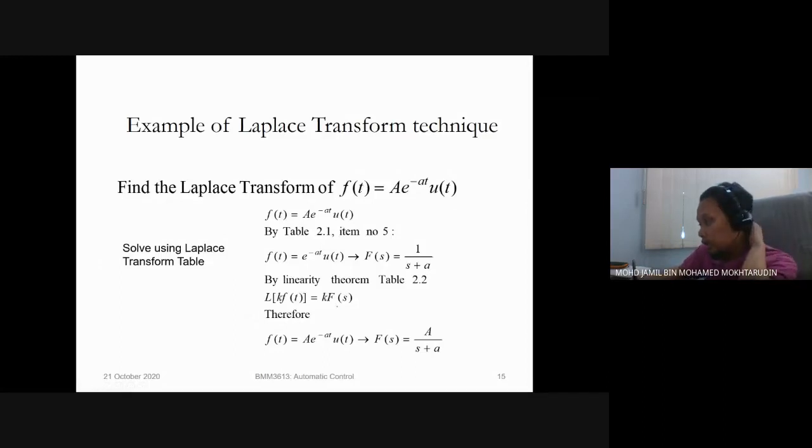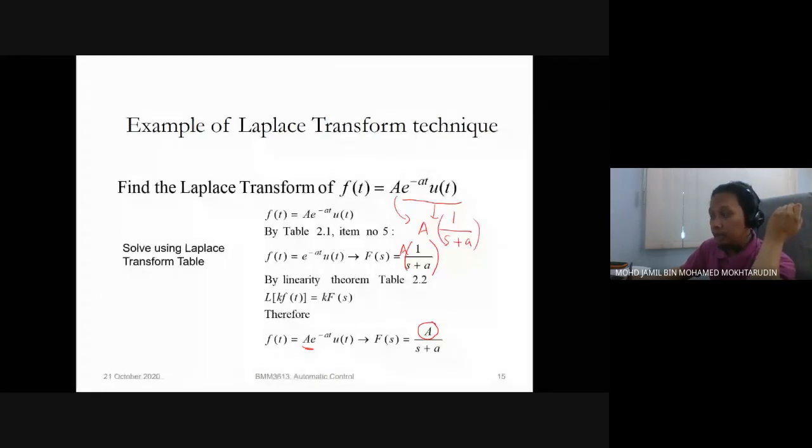And using the linearity theorem, if you have A multiplied by e to the minus at u(t), you just put A at the end. Basically, you put A times 1 over s plus a. You Laplace transform this section first, and then multiply with A. So it's a lot faster than using the integral approach, but you need to refer to the table, okay?